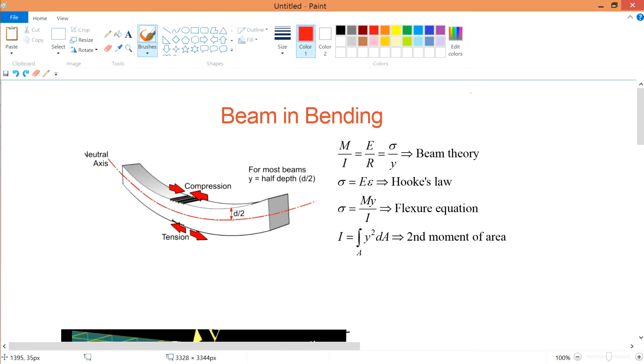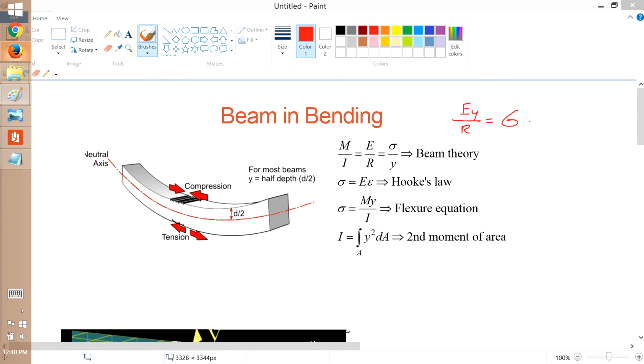In the elastic region, where stress equals E times strain, or minus E times y over rho, the moment is contributed by the... And if you take a look, E y over R, if you rearrange this, is simply your stress. So far so good, and therefore let's continue first and see how it goes.